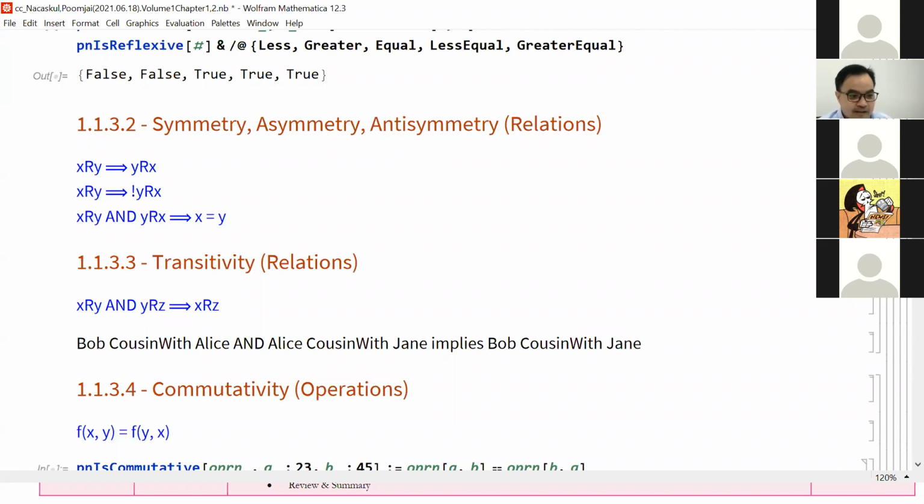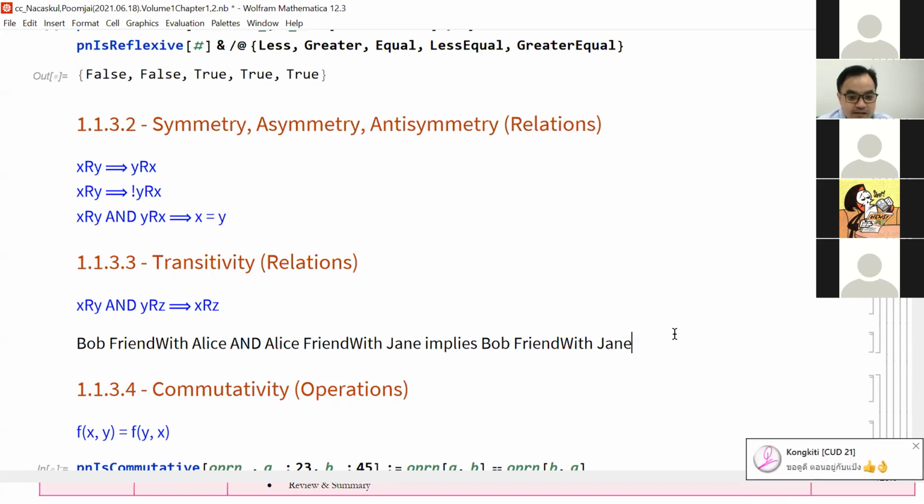So transitivity, right? But Bob friend with Alice, and Alice friend with Jane. Does that imply that Bob is friend with Jane? No.